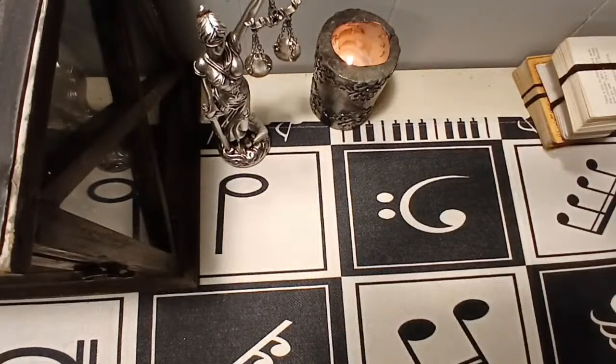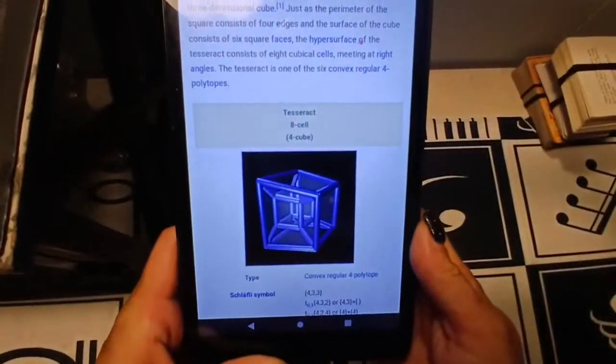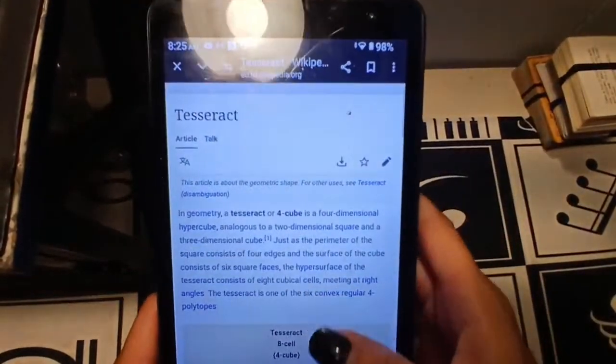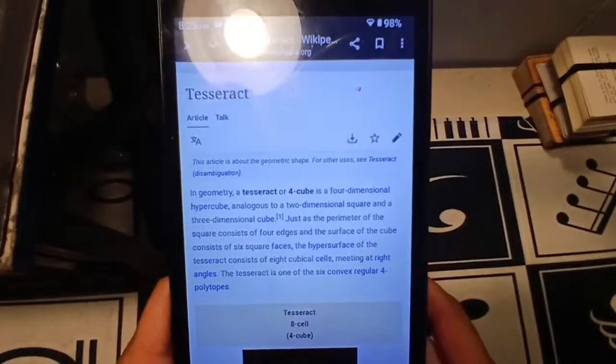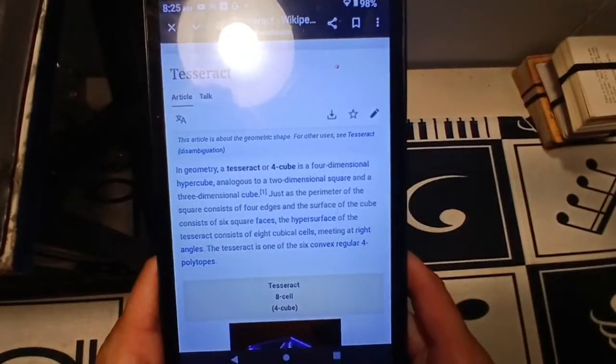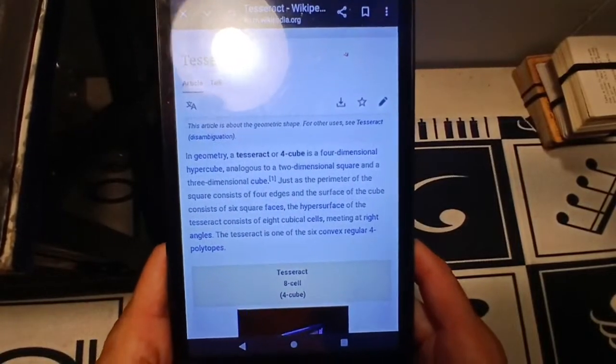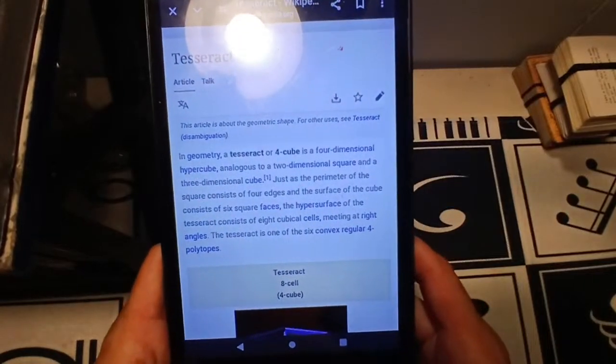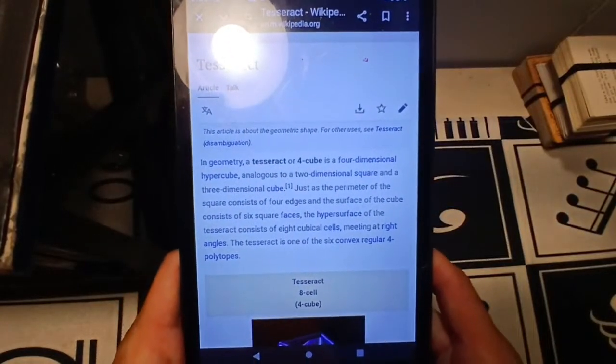And as with that, so the opposite. So, 4D, we have the tesseract. In geometry, a tesseract or 4-cube is a 4-dimensional hypercube, analogous to a 2-dimensional square and a 3-dimensional cube.